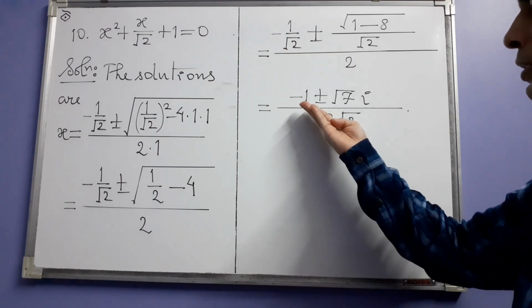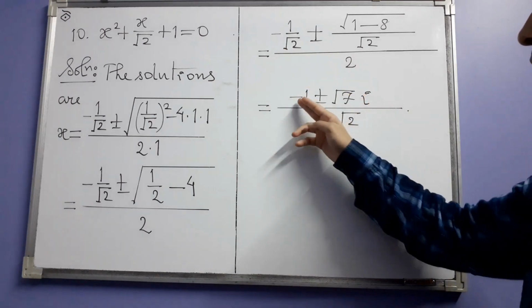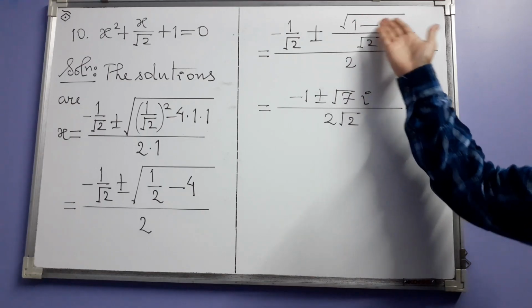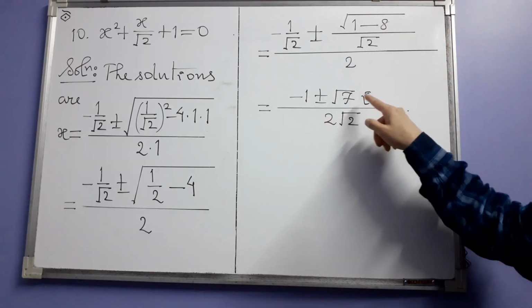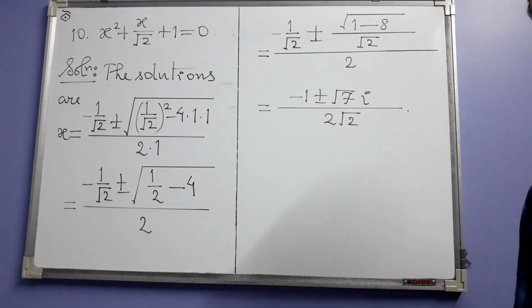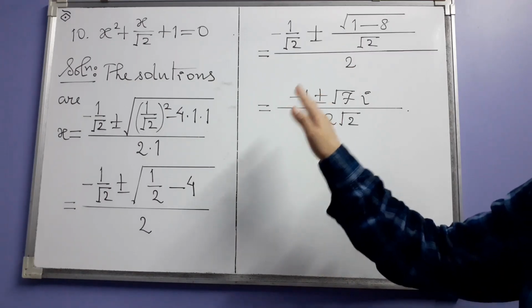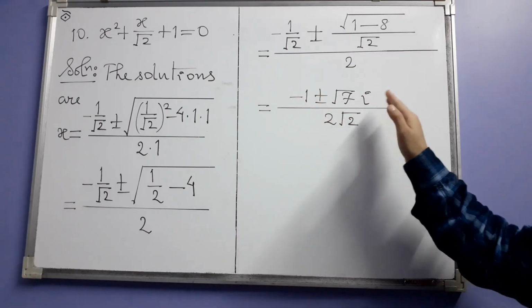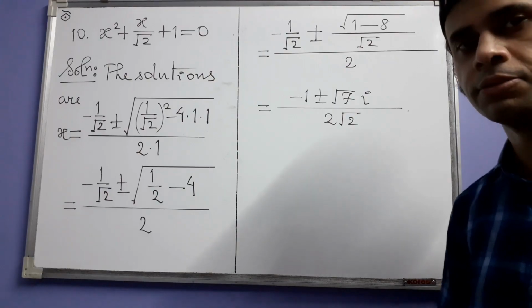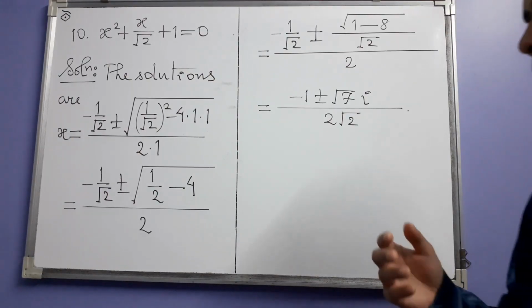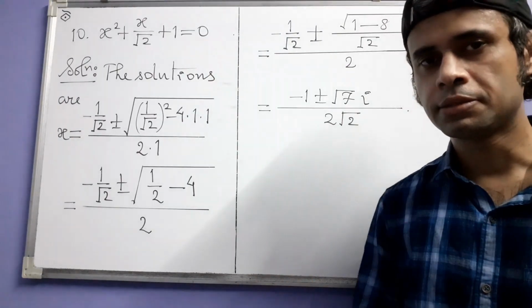And that way you are getting these two solutions, minus 1 plus or minus, and this part as before will become square root of 7 times i. So the two roots are minus 1 plus or minus square root of 7 times i, whole divided by 2 root 2. And this completes this exercise set.